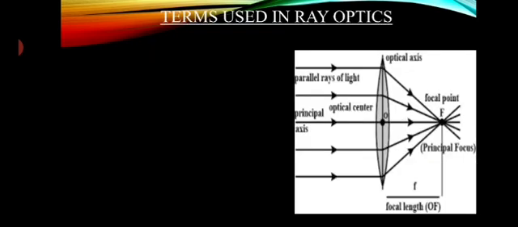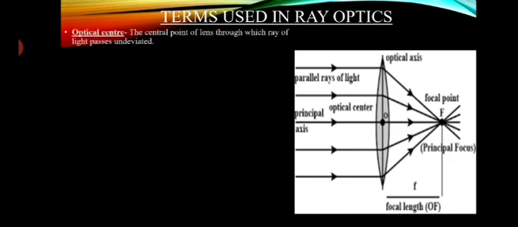Now let us consider some terms which are used in ray optics. For reference, we will be using a convex lens. As you can see, the parallel rays of light approaching the convex lens are converged at a point which is called the principal focus.